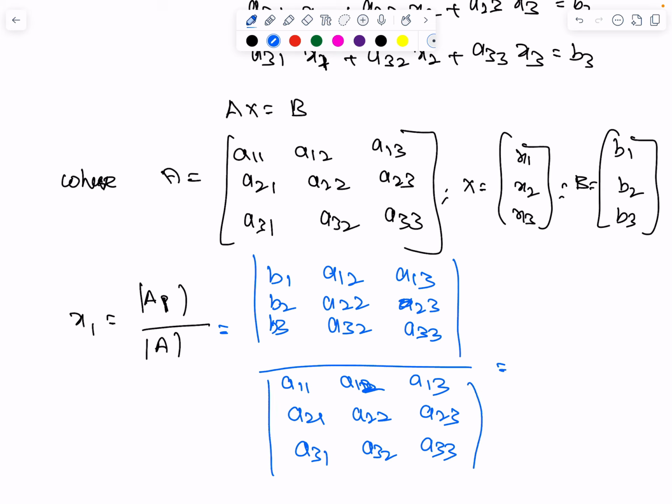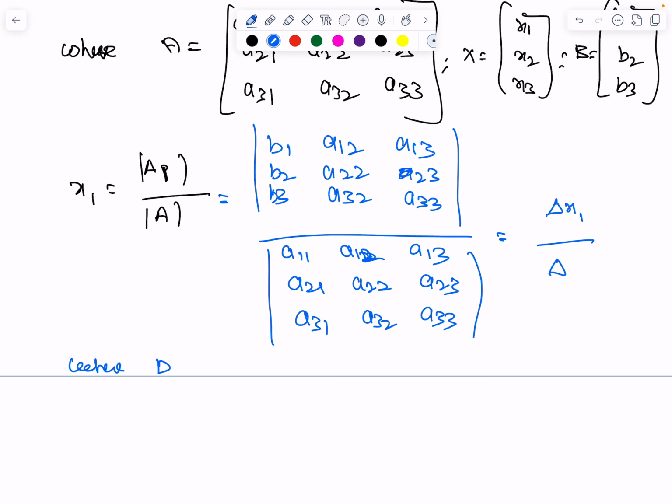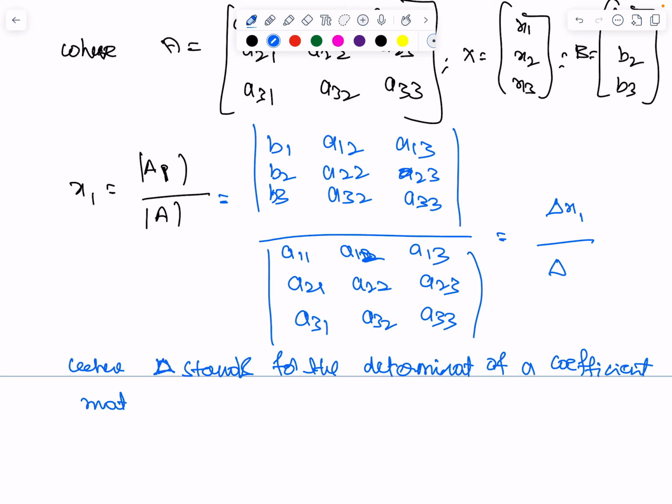In some standard textbooks, they follow the determinant of this divided by delta, where delta stands for the determinant of the coefficient matrix.